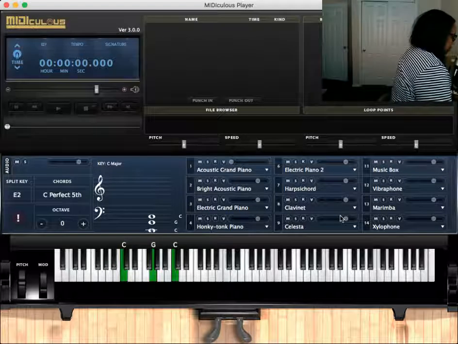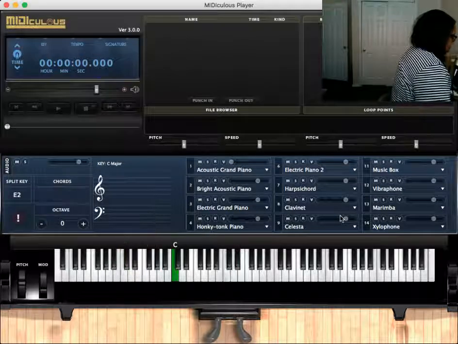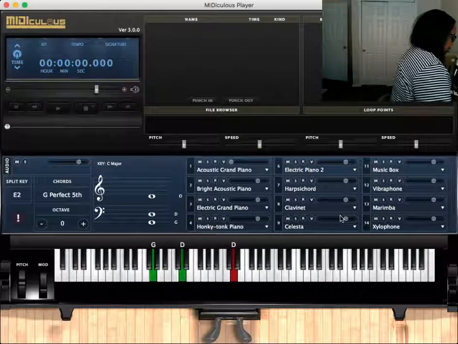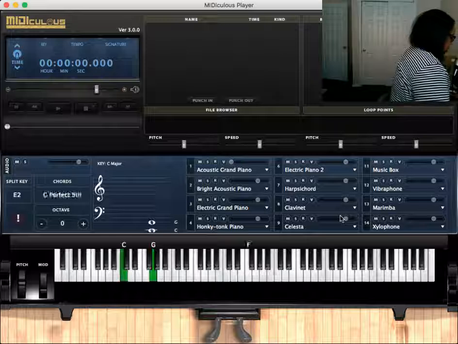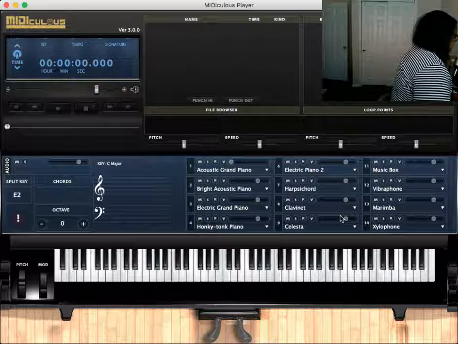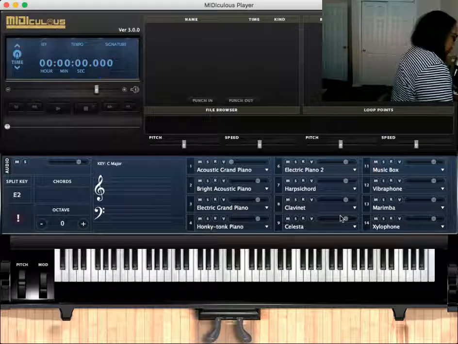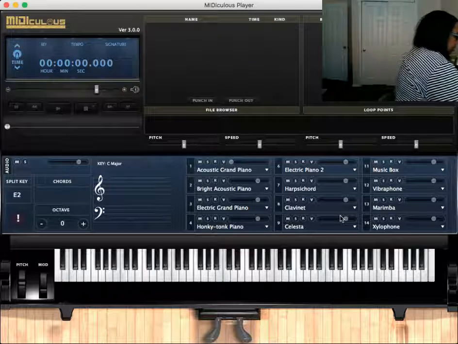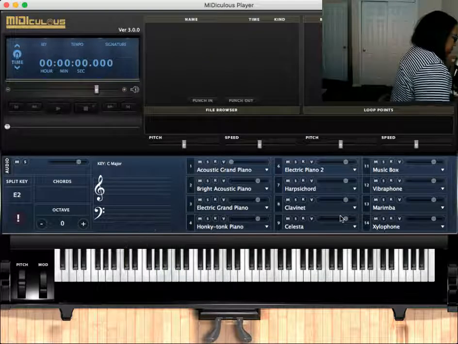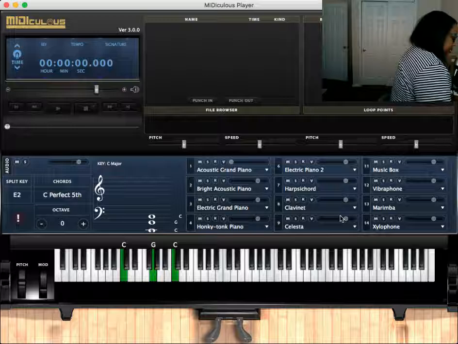That time I was kind of avoiding the note in the melody, but just in that one phrase you could hear how I didn't hit right on the downbeat every time.